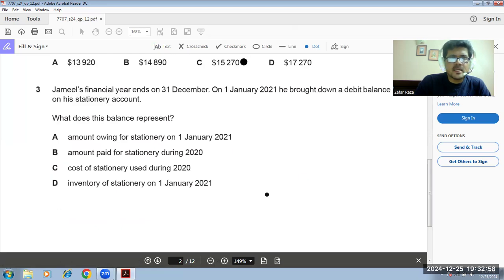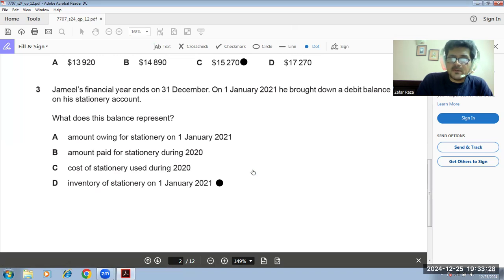Okay. Jamil's financial year ends on December 31st. On 1st January 2021, he brought down a debit balance of his stationery account. A stationery account shows how much stationery, as an asset, you have. So what does this balance represent?